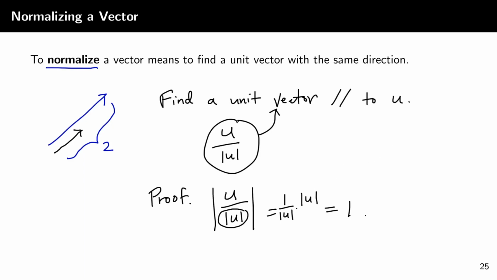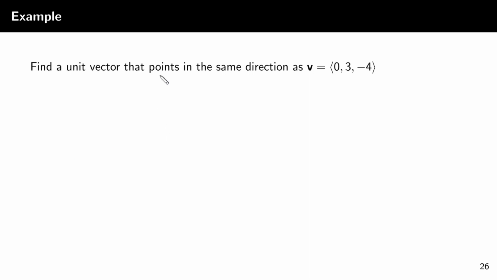Now, let's work on an actual vector. Find a vector that points in the same direction as the vector with components 0, 3, and negative 4. Tawagin natin yung vector na yon na w. So that vector w will be v divided by the magnitude of v.